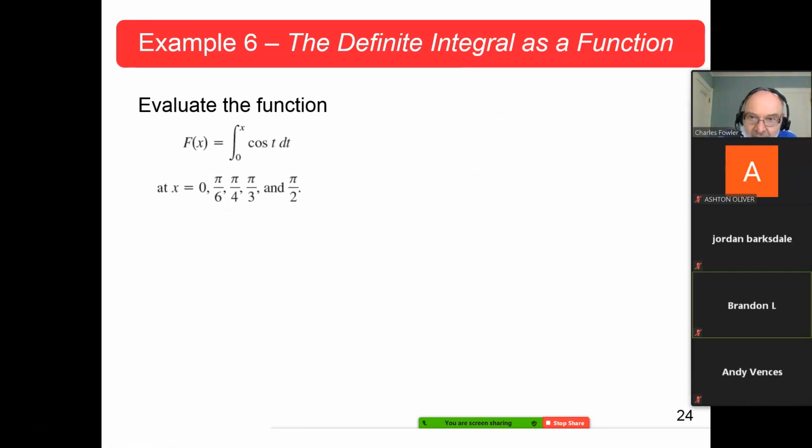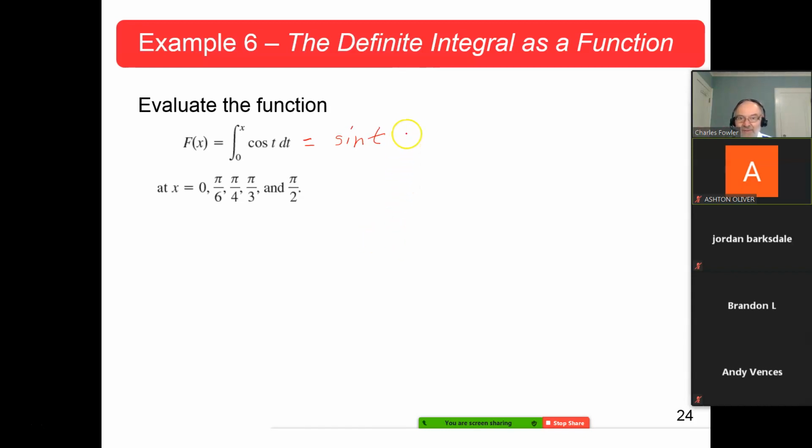All right. So here we're asked to evaluate this function at 5 different values for x. So let's first do the integration. Okay? So, what's the antiderivative of cosine t? Anybody remember? Please say yes. Is it negative sine? Okay. Positive sine of t. Because the derivative of sine is cosine, the antiderivative of cosine is positive sine.